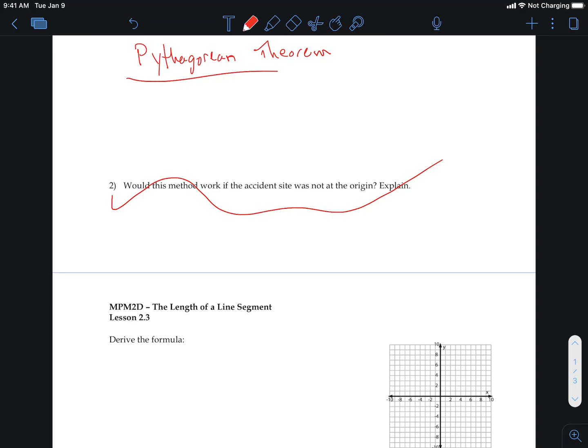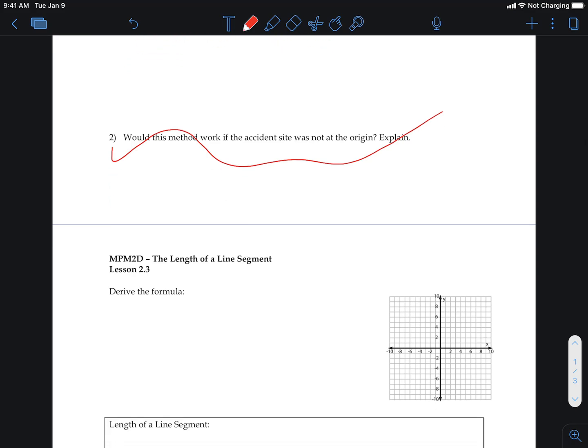Okay, here is what happens. You saw on the other side, we used c squared is equal to a squared plus b squared. Yes? Then we saw c was equal to the square root of a squared plus b squared. Okay?